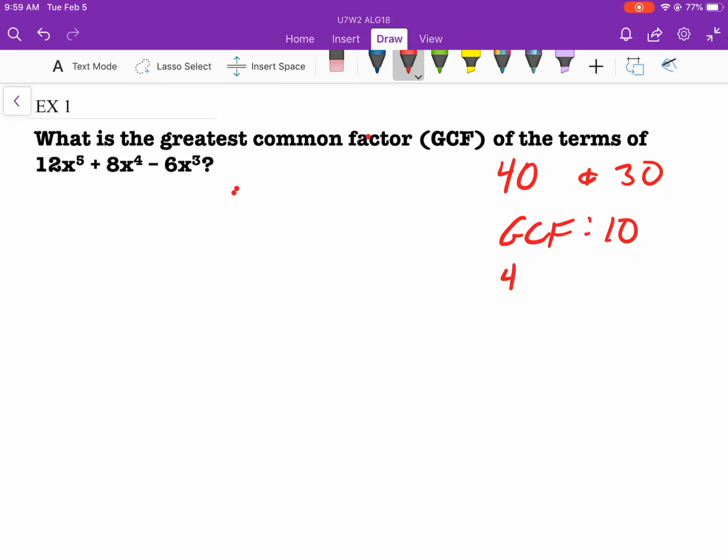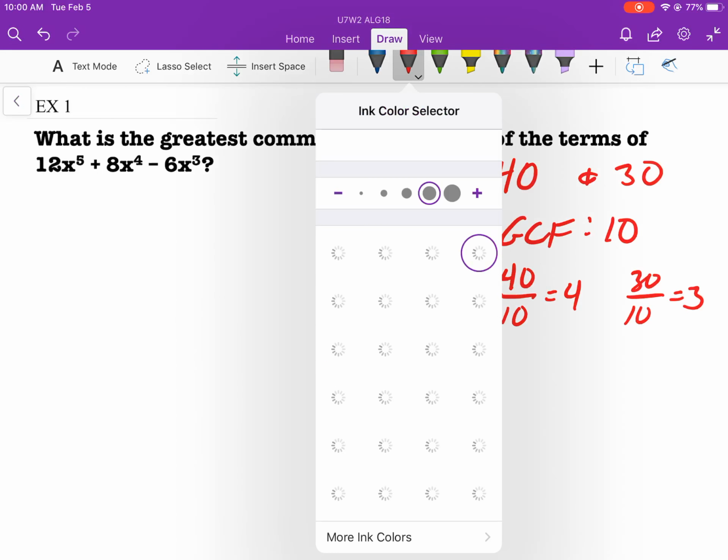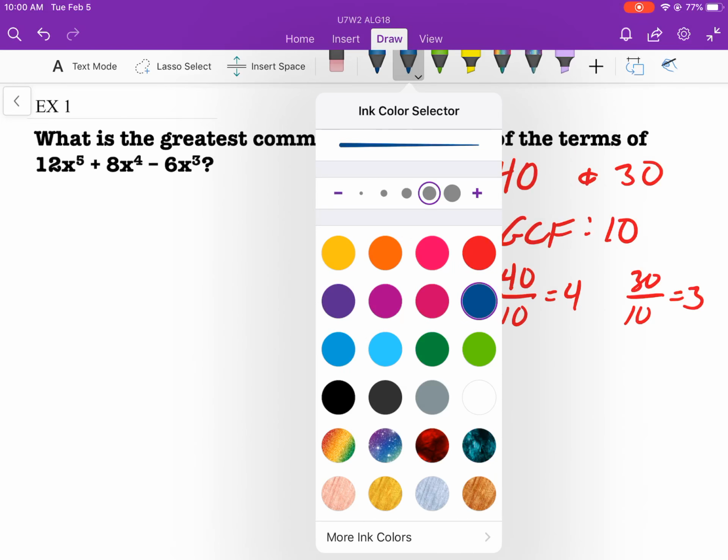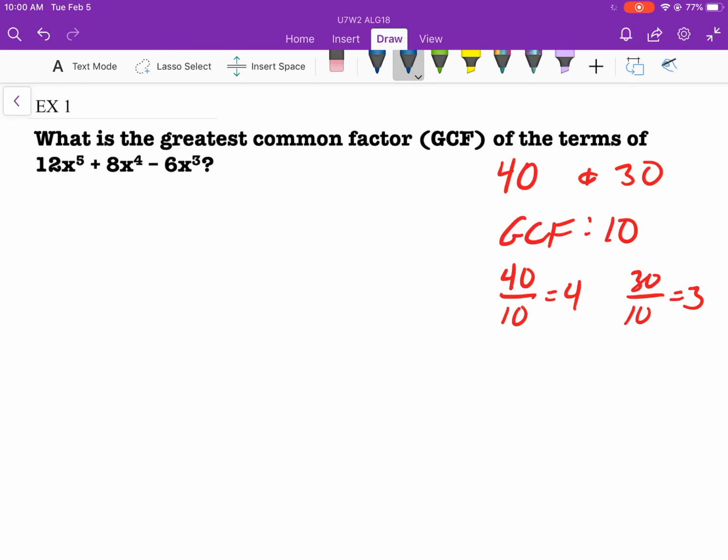If you do 40 divided by 10, you get 4. You get 30 divided by 10, you get 3. And those two numbers no longer have any numbers in common. So that's what's known as the greatest common factor. With polynomials, the greatest common factor is going to be the largest number and exponent from the variable that can go into all the terms of the polynomial.